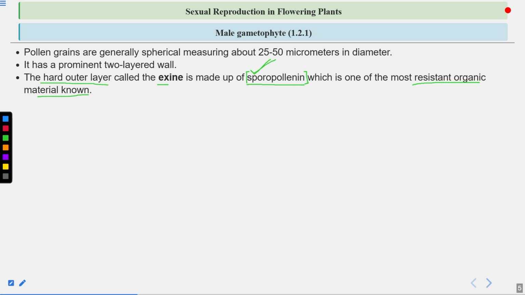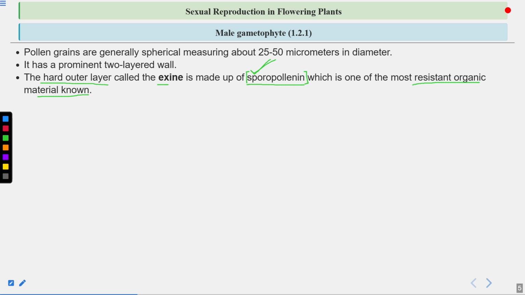Though it is not mentioned in your NCERT book, you should know the chemical nature, whether it is made up of carbohydrate, protein, or fats. What are the things that make this sporopollenin?